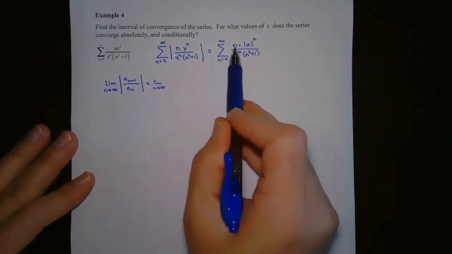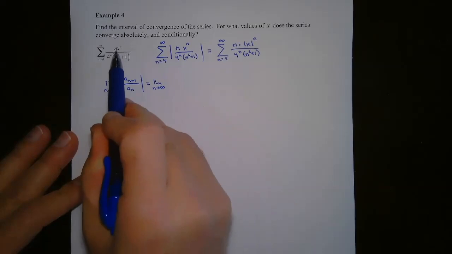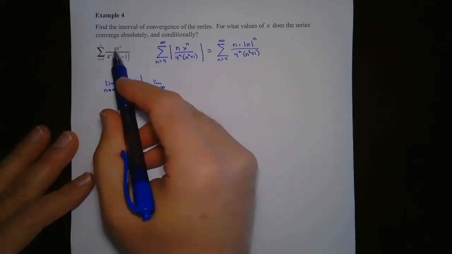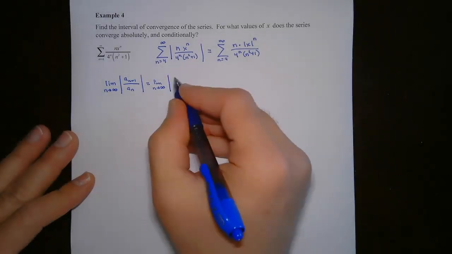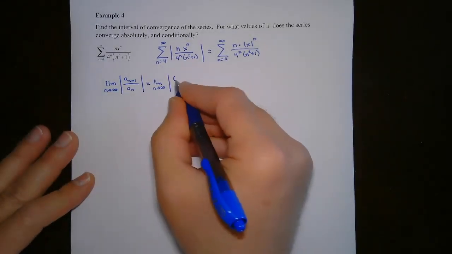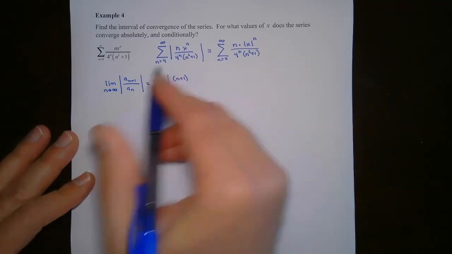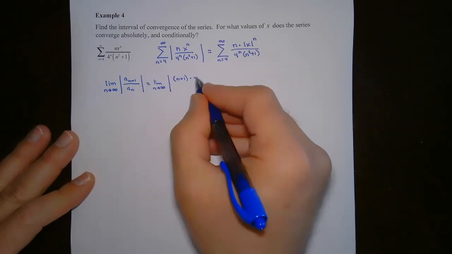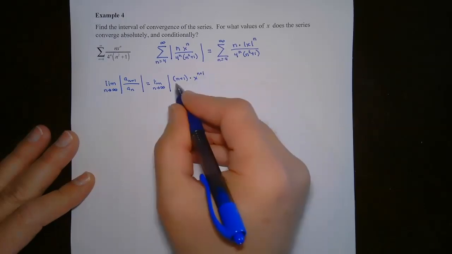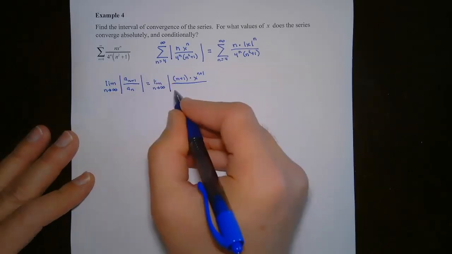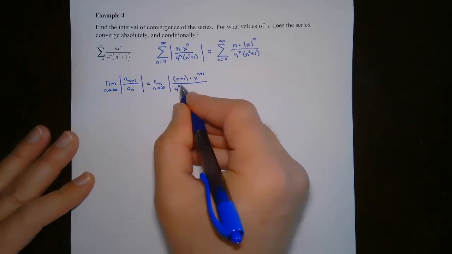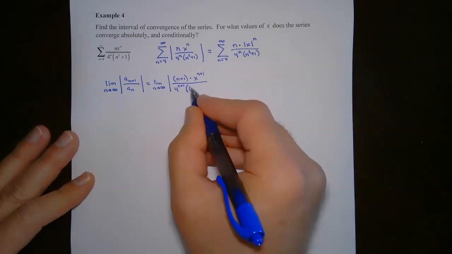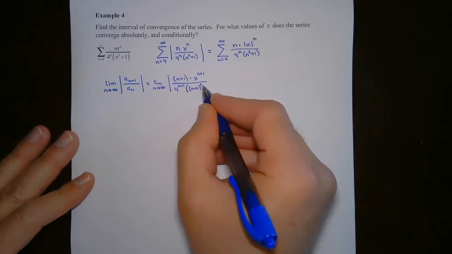So a sub n plus 1 would be the absolute value of n plus 1 times x raised to the n plus 1 over 4 to the n plus 1 times, in parentheses, n plus 1 squared plus 1.